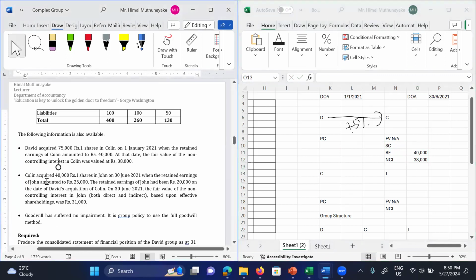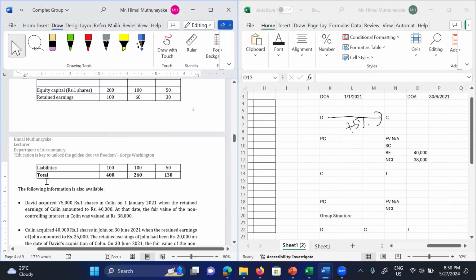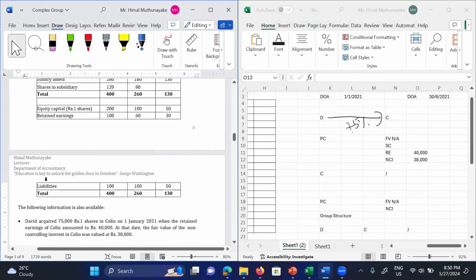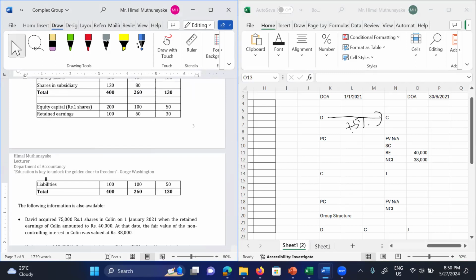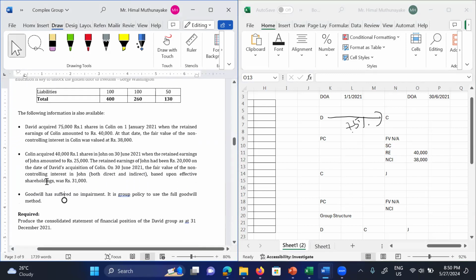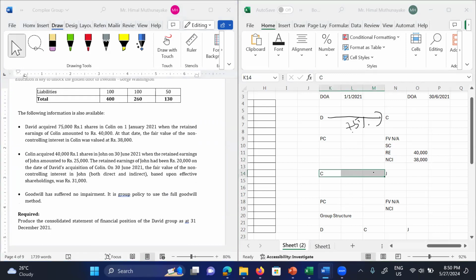Then Collins acquired 40,000 of one share in John. That means Collins has 50,000 shares, and out of that 50,000, Collins acquired 40,000. That means he acquired 80% of J. Then it also mentions the retained earnings.